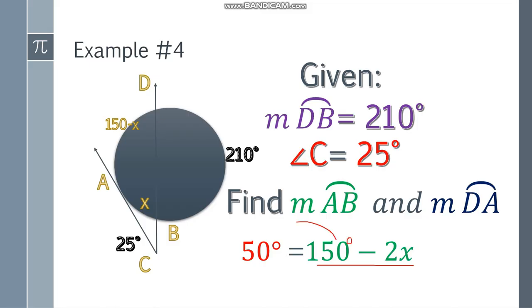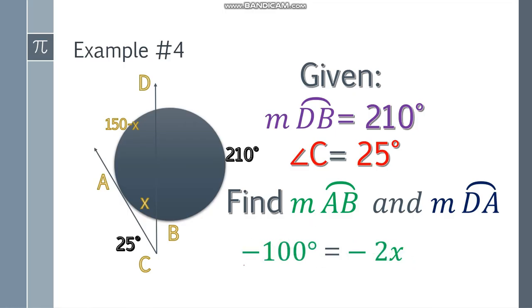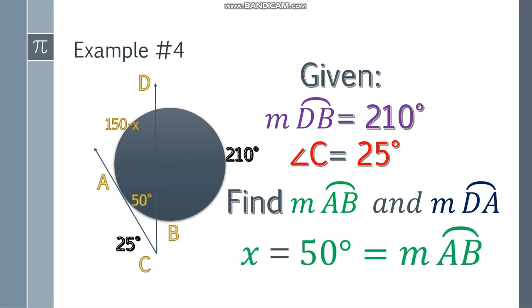Transfer the 150 here, and you will get negative 100 degrees is equal to negative 2x. Divide both sides by negative 2, and you will get an answer of 50 degrees for x. So we now know the measure of arc AB is 50 degrees.